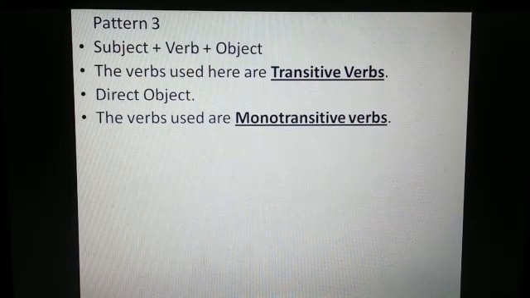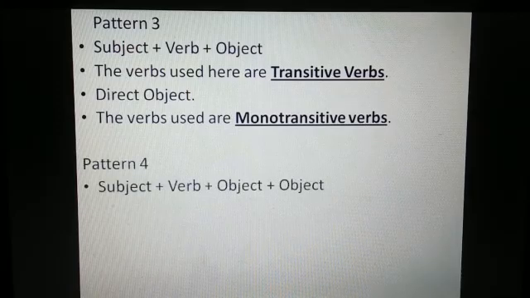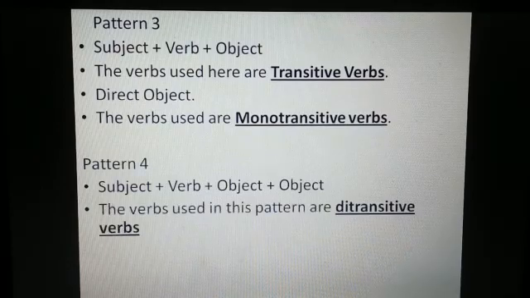Moving on to the next pattern, pattern 4 is subject plus verb plus object plus object. The verbs used in this pattern are ditransitive verbs. Ditransitive verbs take two objects. Yes, boys and girls, di means two.